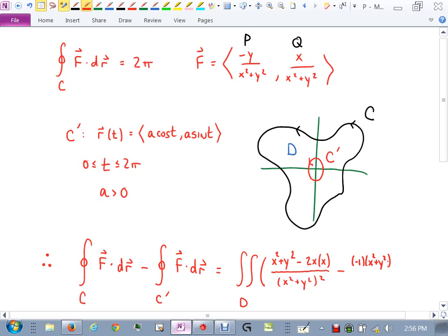What is the derivative of the bottom? 2y, and then times the top, minus y, and then all over the bottom squared. Yes? And then dA.